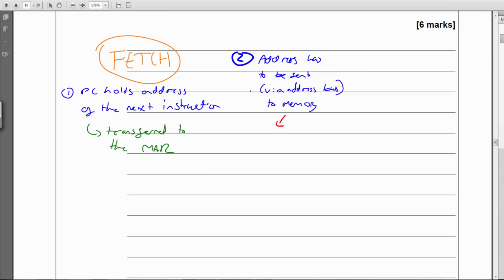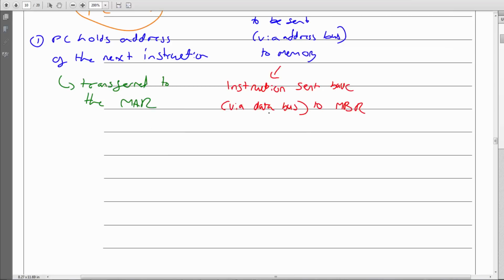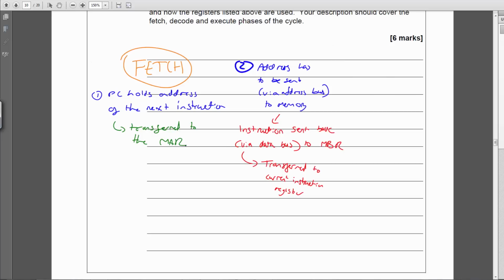The memory then sends back the data or the instruction at this location, sent back via the data bus to the memory buffer register, and then this is sent to the current instruction register. And the final stage of a fetch cycle is to increment the program counter. This is the term we use, but really we're just saying to update it with the next instruction.